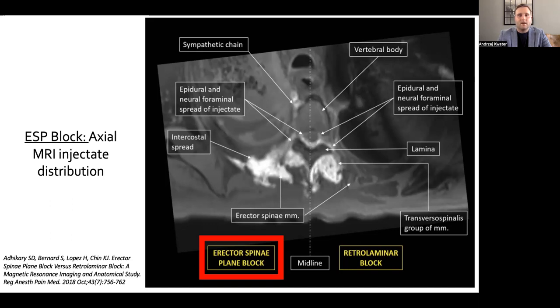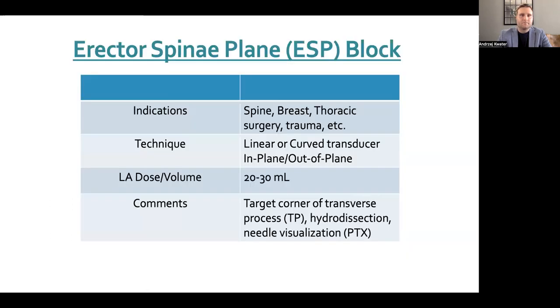Here's a quick summary of the erector spinae plane block. Indications, there are many for this block, and more reports come out of this block being used to provide analgesia for a variety of cases. But most often we'll see it being used for spine cases, breast surgery, thoracic surgery, trauma, including rib fractures, and those sort of scenarios.